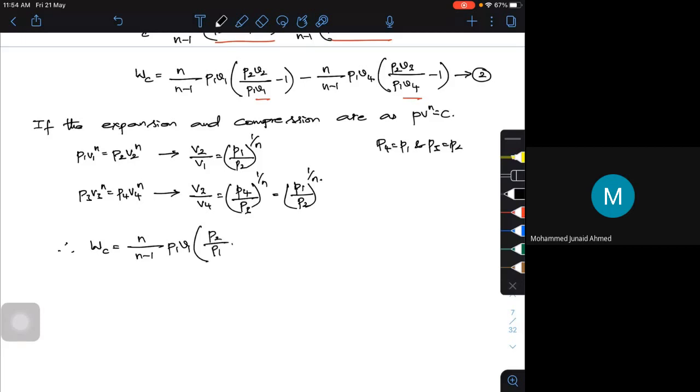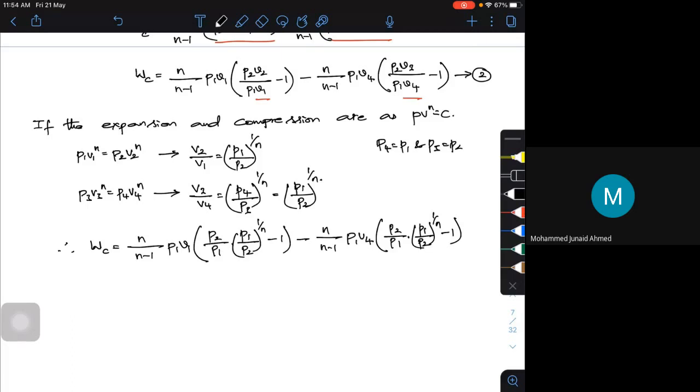I will write it as P1 by P2 whole to the power of 1 by n minus 1, minus n by n minus 1 into P1 V4 into P2 by P1 into P1 by P2 whole to the power of 1 by n minus 1.